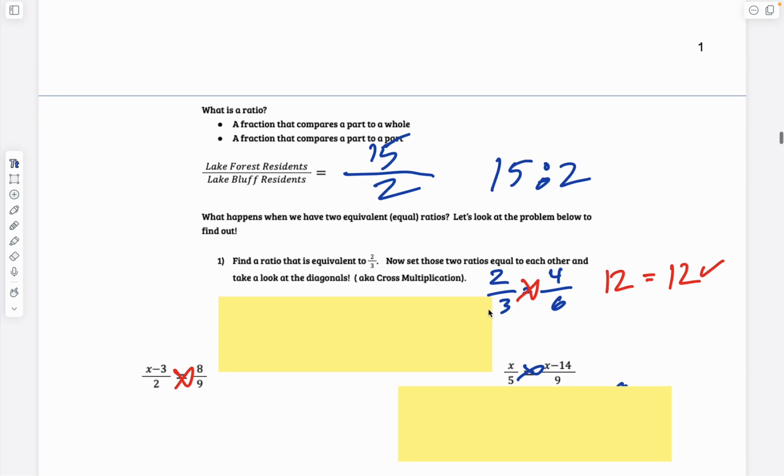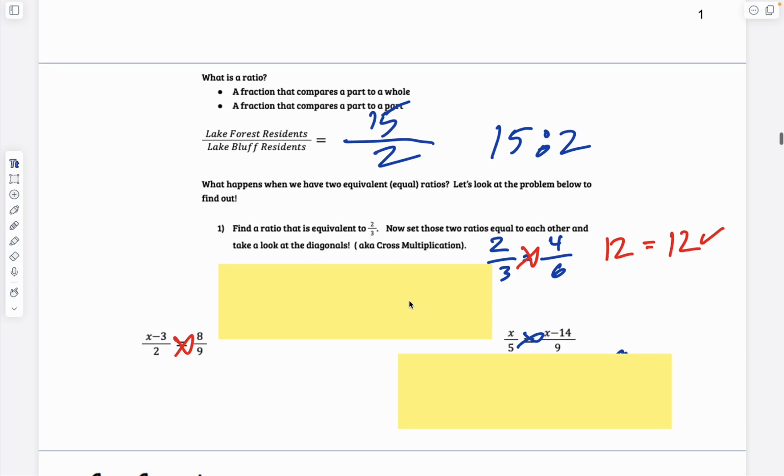All right, this is just review from an Algebra 1 skill. Okay, this is review as well, but this skill is going to come up a lot this unit. All right, this skill that I'm pointing to right here with my mouse. All right, x over 3 or x minus 3 over 2 equals 8/9. Cross multiply, I get 9 times x minus 3 equals 2 times 8.